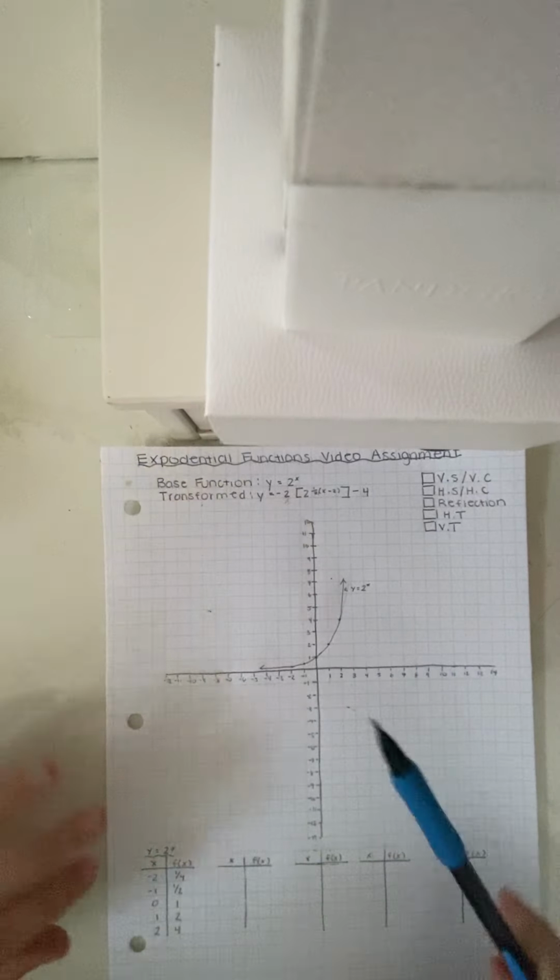Next, we are going to be doing a horizontal stretch and compression. Looking at this value right over here, the 1 over 2, that shows that it is a horizontal stretch by a factor of 1 over 2. Doing this means that the y values stay the same, so I can just write those in. The x values change in this case, which means that we have to divide all these x values by 1 over 2.